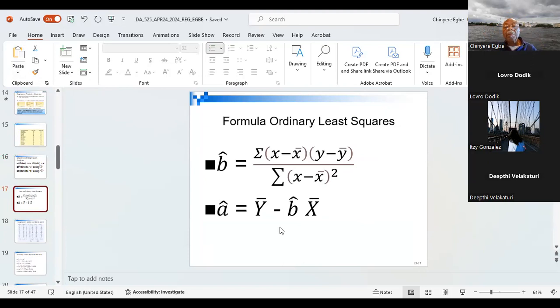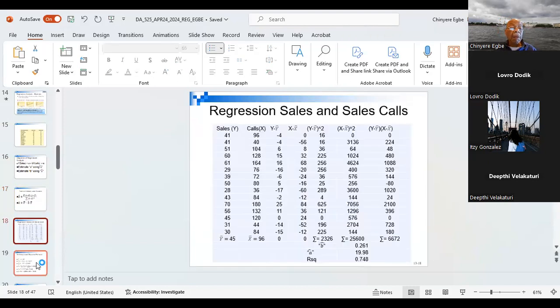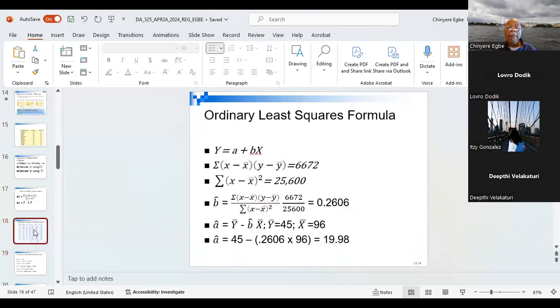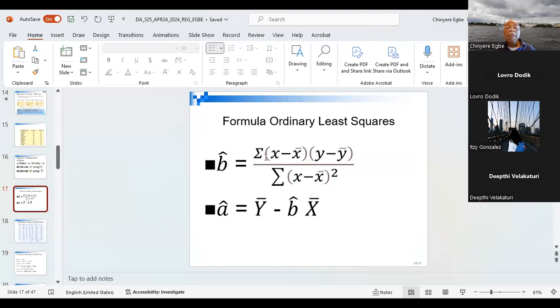As you can see, in order to implement this estimation, you must find X bar and Y bar. Let us see if we can implement the model. You calculate Y minus Y bar. The formula says summation of X minus X bar times Y minus Y bar.